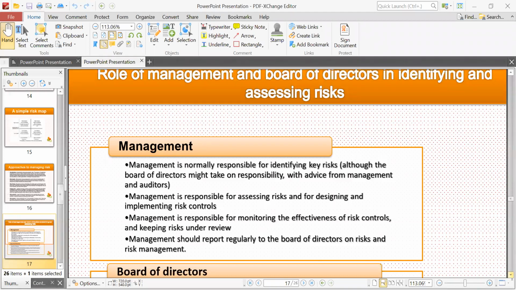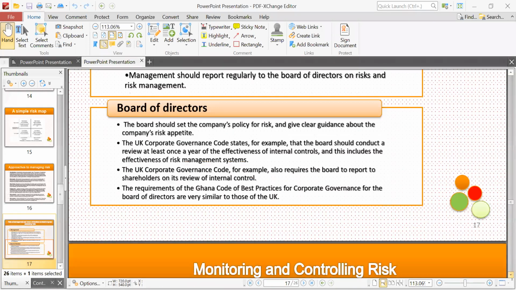Management is also responsible for assessing the risk. This same management, they are also responsible for monitoring the risk and the effectiveness of risk control. All these things lie in the bosom of management.